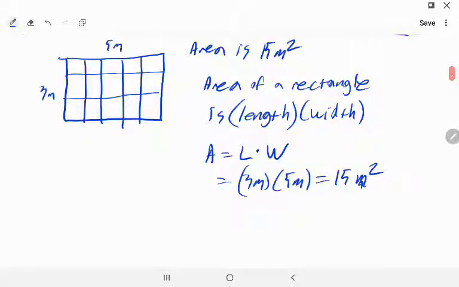And so we can treat the units, meters, kind of like we would treat a variable. So you notice that the units don't have any value in and of themselves, but we can treat them like variables when we're thinking about multiplying them. And so we notice that 3 meters times 5 meters, we get 15 square meters.